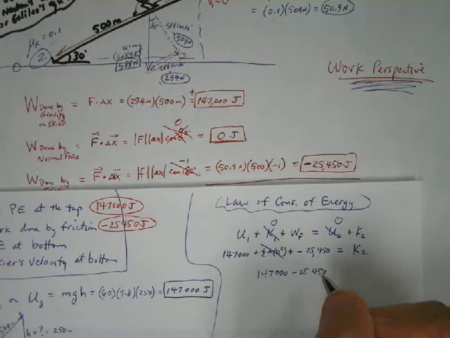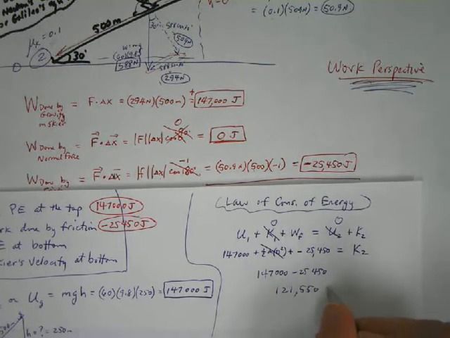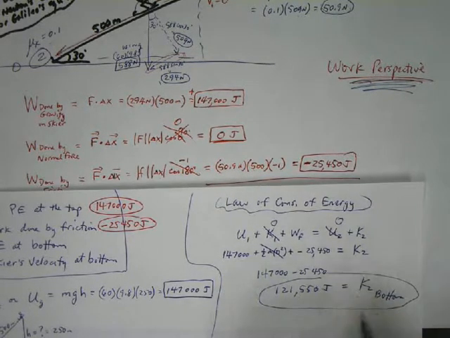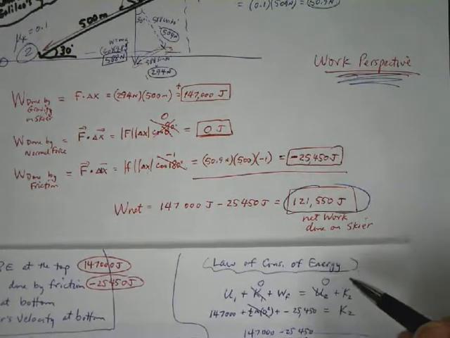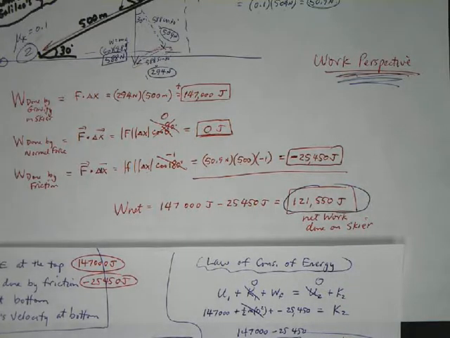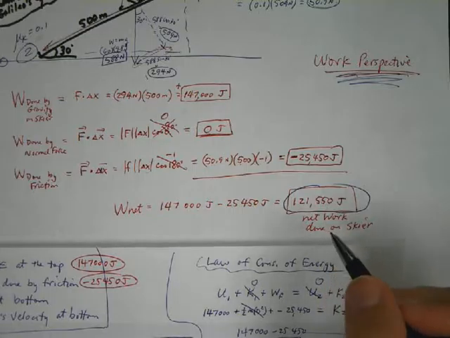Well, that sounds very familiar again. That's joules. That's equal to the kinetic energy at the bottom. I seem to remember that number, and yes, sure it is. Here it is again, 121,550. That was the net work done on the skier. And we found here that that's the kinetic energy at the bottom.